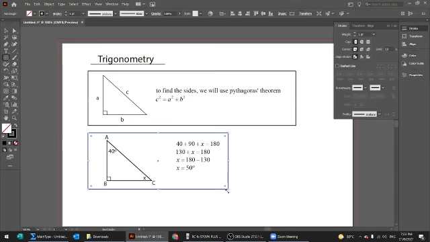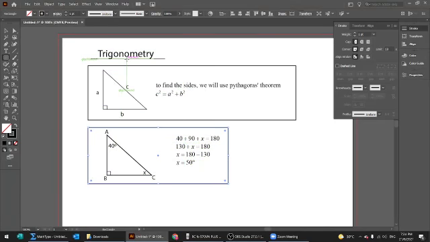But now you want to use the angle to find a side, or use the sides to find an angle. In this case, trigonometry is it. Trigonometry is the concept that relates the sides and the angle.